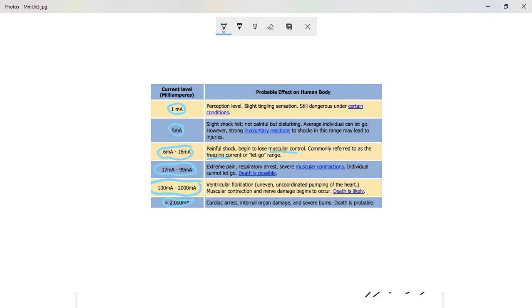If it's 17 up to 99 milliampere, this is extreme pain, respiratory arrest, severe muscle contraction. Over 100 milliampere up to 2000 milliampere, this is the big problem, and this is our case now. We are at 440 milliampere. This is a problem and will lead to death. If it's more than 2000 milliampere, this is a sure death. Of course, time is considered as a factor. If the time increases, this will cause more problems.